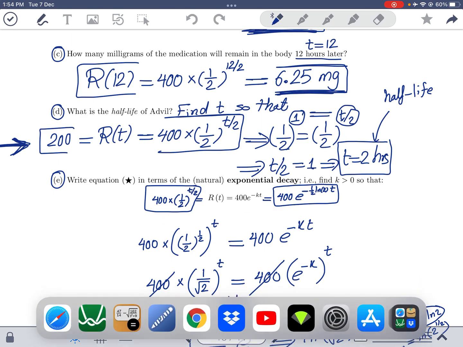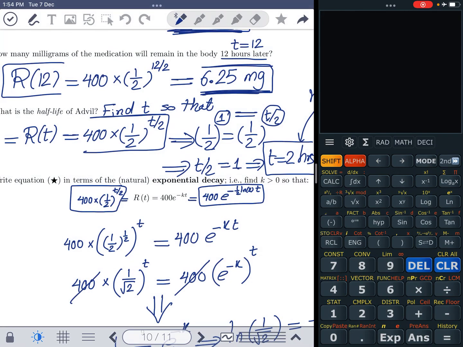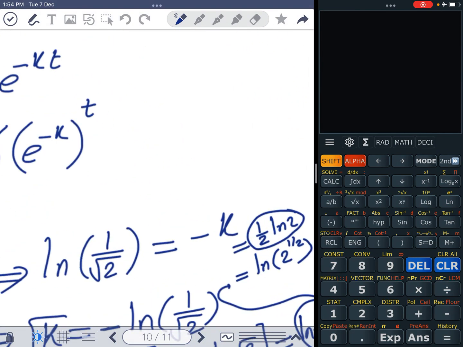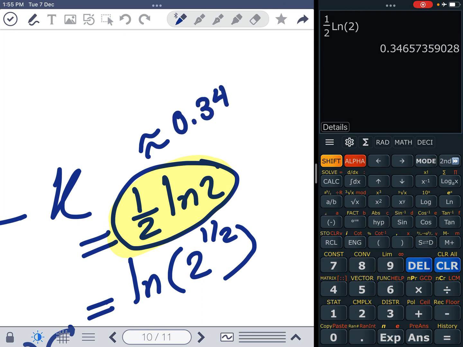If you want to actually find k as a decimal, because sometimes they tell you if you find it here, then also write it as a decimal: half ln 2. So let's see, what is half ln 2? Ln of 2 is approximately 0.6931, so half is approximately 0.3466 to 4 digits.